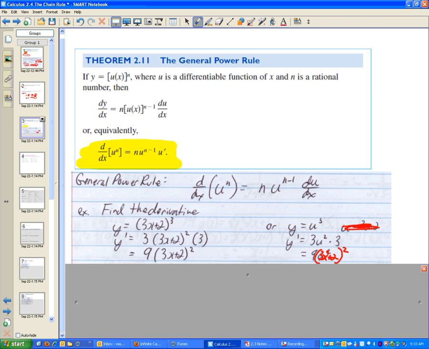A common mistake, even though I've pointed out that no matter what notation you use, the end of it is always the derivative of u. That's where that 3 right there comes from, right? The derivative of u. A common mistake is people leave off the derivative of u. Okay?